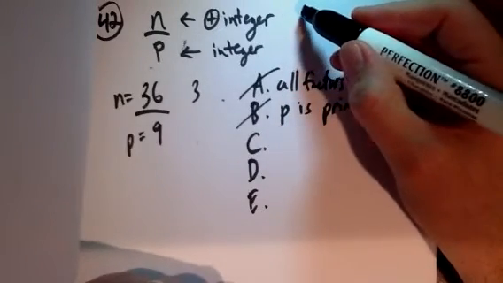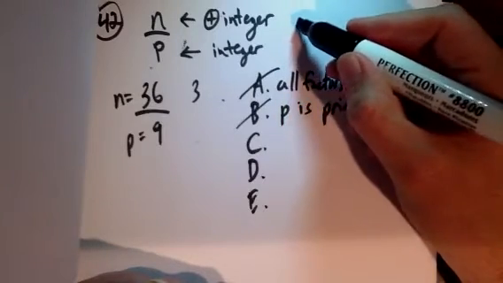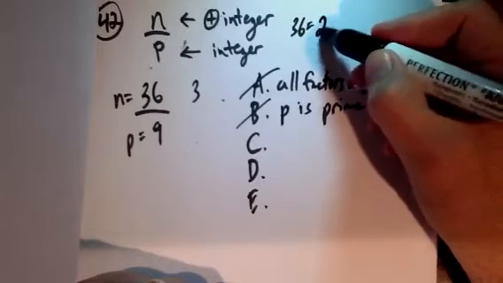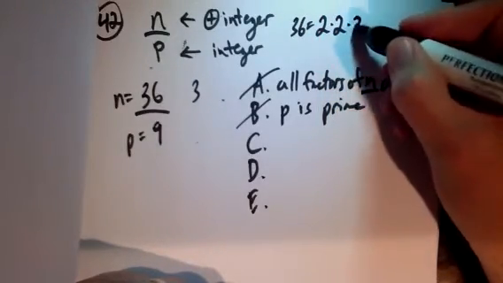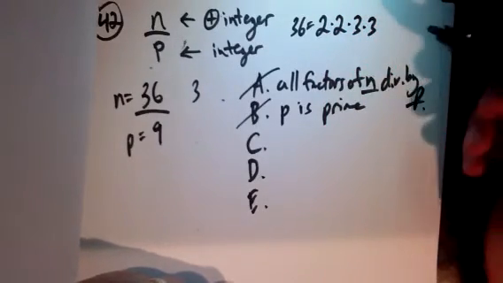So for our example, that's a general statement, but even for our example, 36 equals 2 times 2, which is 4, times 3 times 3. So it's 4 times 9 is 36.